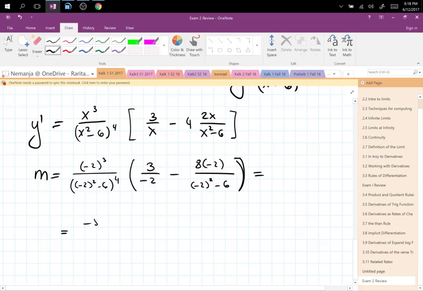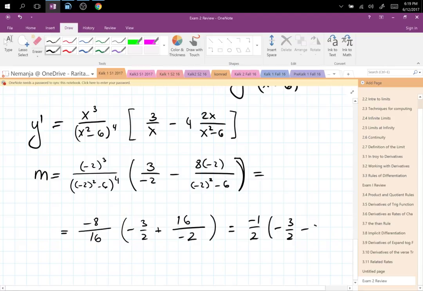Let's see, -8 divided by -2 to the 4th is 16, times -3/2 plus 16 over, this is another -2. So this is -8 over 16 is -1/2, and then -3/2 minus 8.